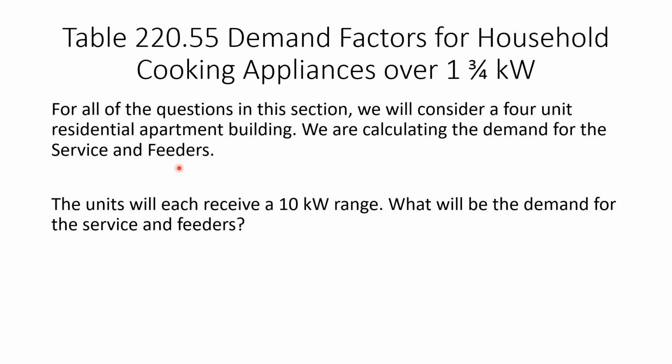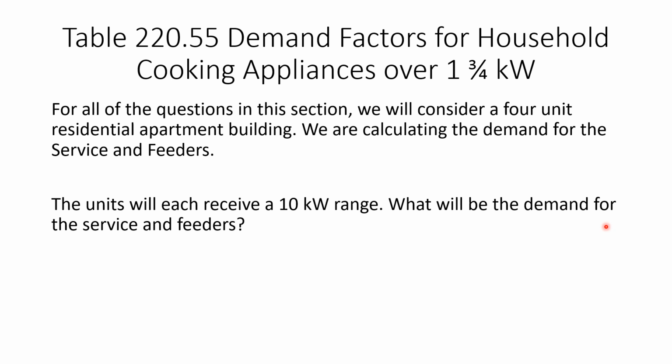So we get to reduce the size of the feeders and the service based on that, right? You probably already knew that, but I thought I'd throw that out there for anybody who's really green and taking this. Okay, so we're going to say that the units each will receive a 10 kilowatt range. What will be the demand for the service and the feeders?